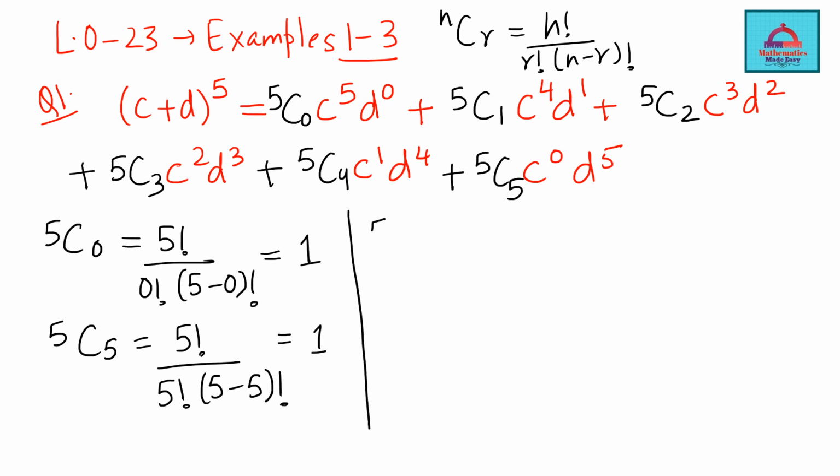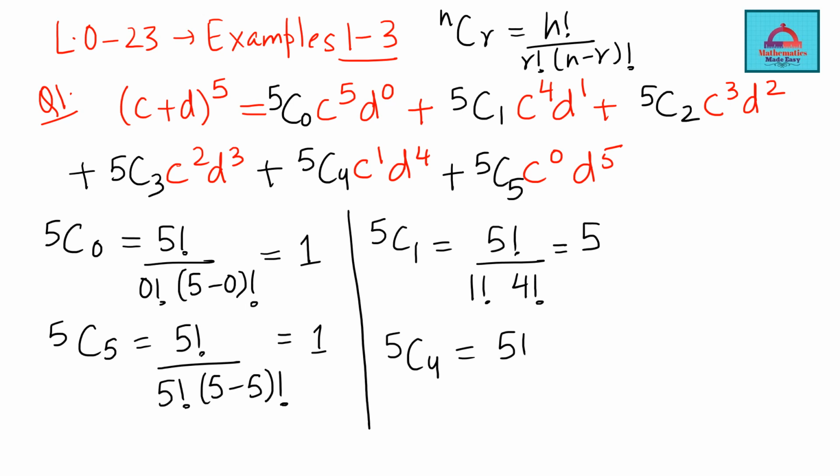Now we can similarly use 5C1. This is going to be 5 factorial over 1 factorial times 4 factorial, which is going to be 5. Similarly, 5C4 is going to be the same value, 5 factorial over 4 factorial times 1 factorial. So this is going to be 5, and I hope you can see the symmetry between the coefficients.